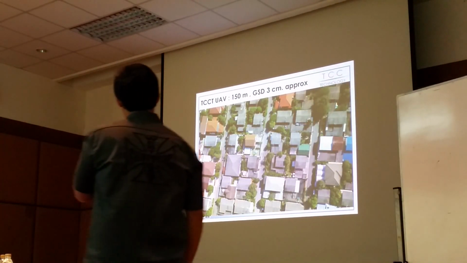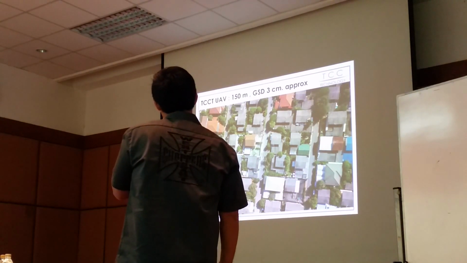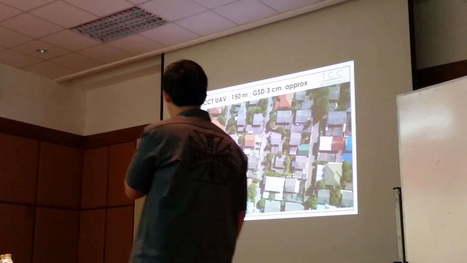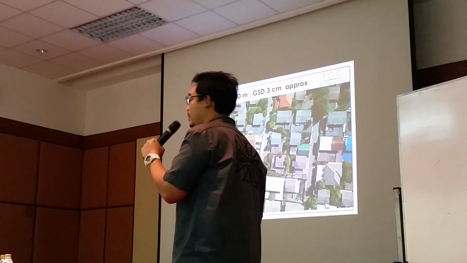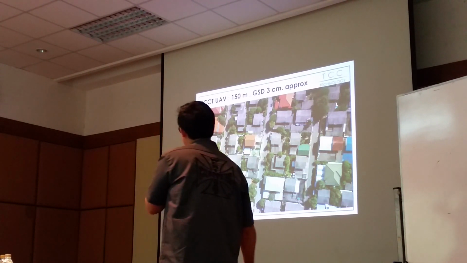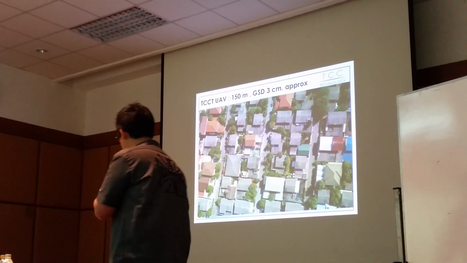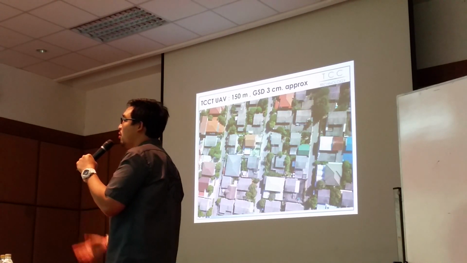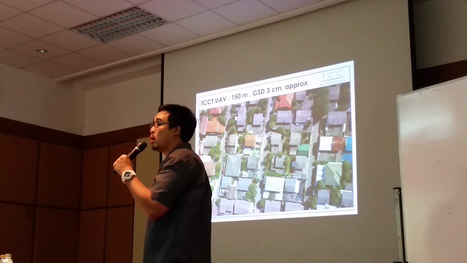And this is the compilation. This one is an example of the images that we flew at 150 meters. So the GSD is about 3 centimeters. You can see it's very clear, very detailed when comparing to Google Earth, right?